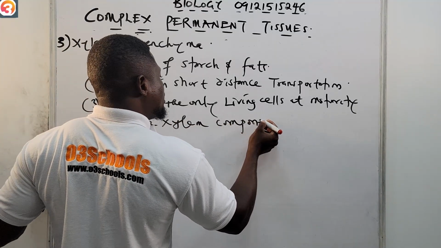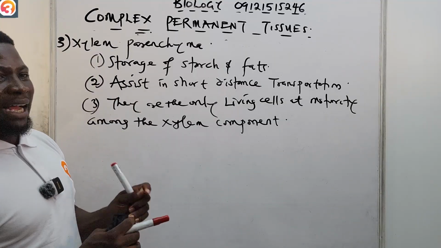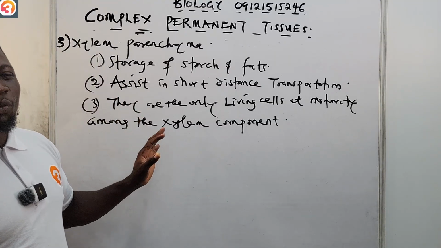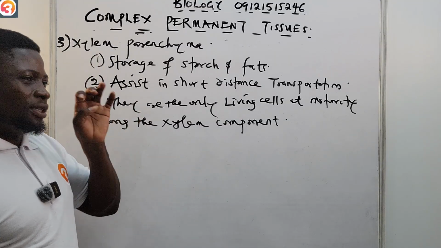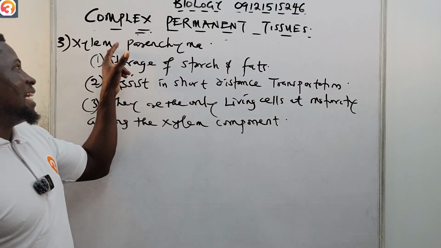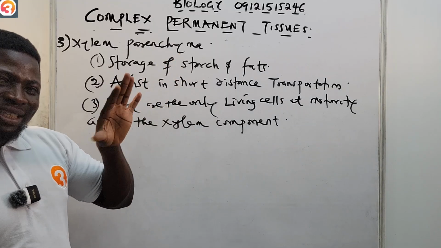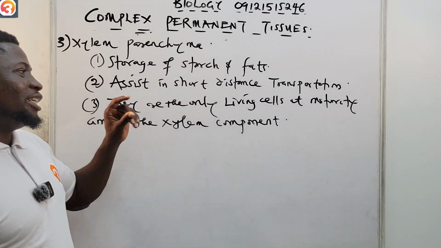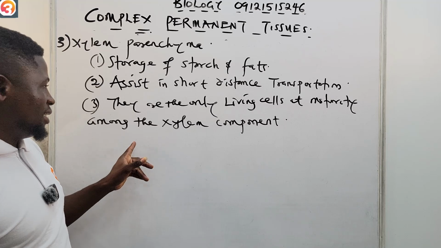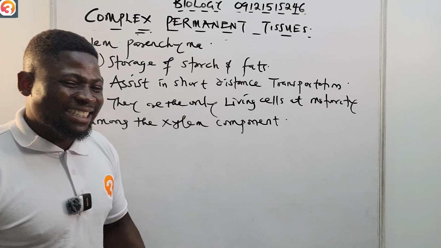This is a very tricky and very good exam question that can be asked. Among the xylem components, which of them has living cells at maturity? The only one is the xylem parenchyma. They store starch and fat, they assist in short distance transportation, and they are the only living cells at maturity among the xylem components. All others are dead cells.